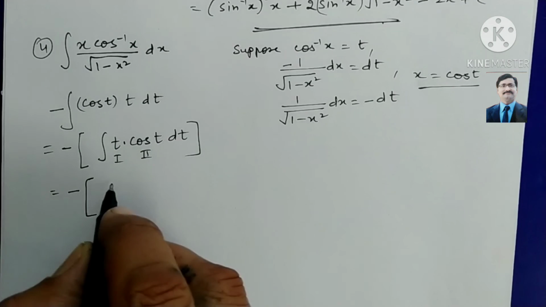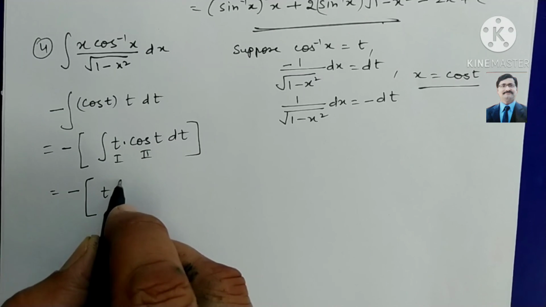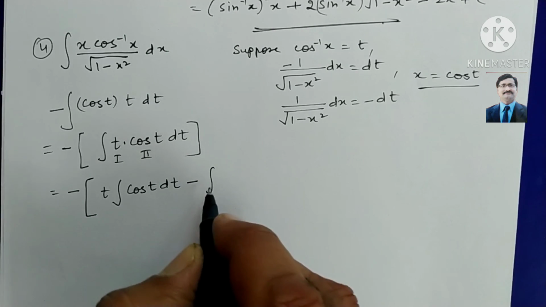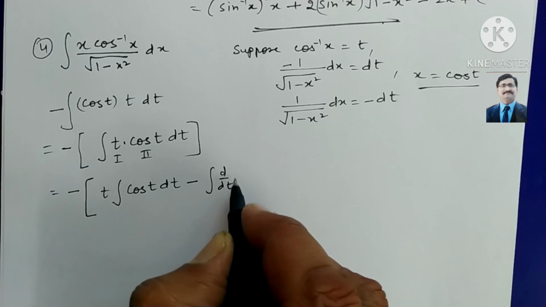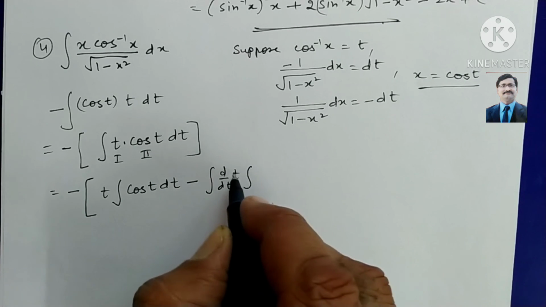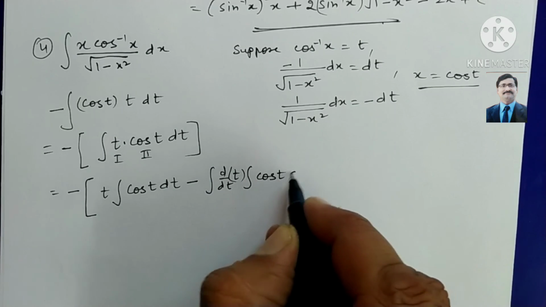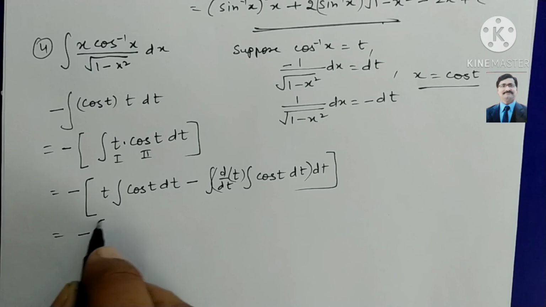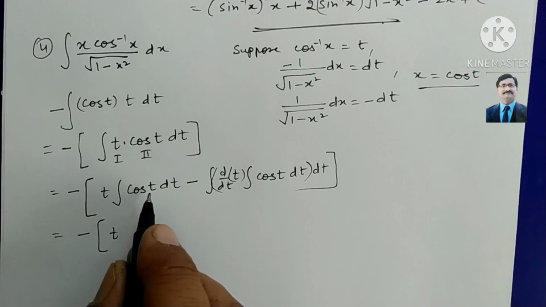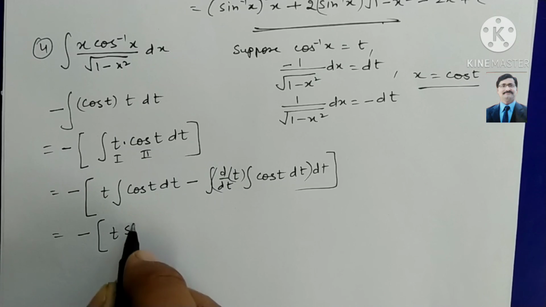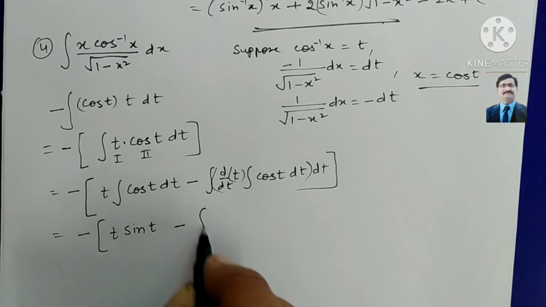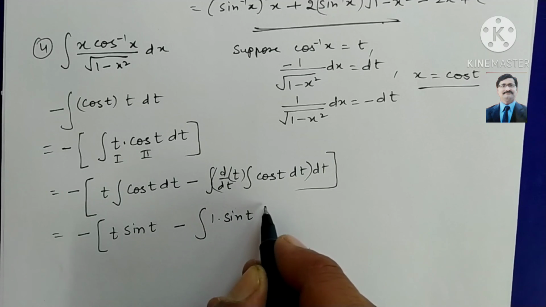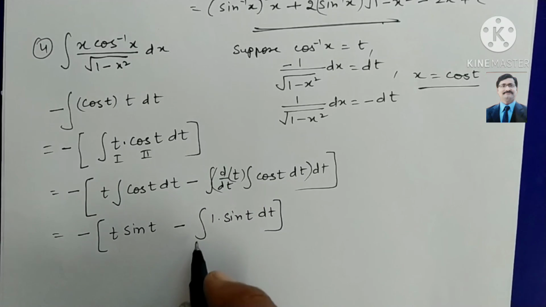Minus bracket, t is first as it is, integral of cos t dt, minus the differential of t, differential with respect to t only we do, and integral of cos t dt, and whole this dt, and whole bracket. Minus t, and cos t here, its integral is sin t, okay, minus this differential of t is 1, and cos t integral is sin t, dt, and whole bracket.